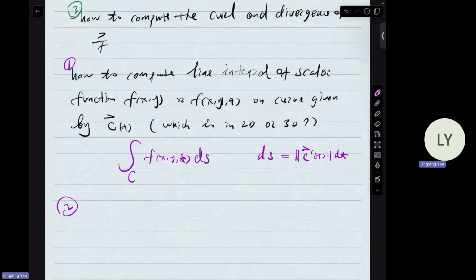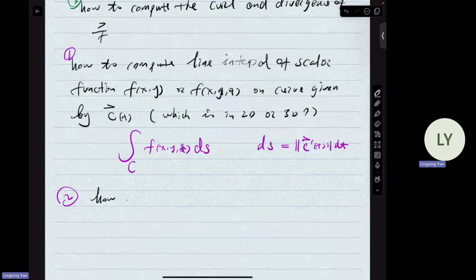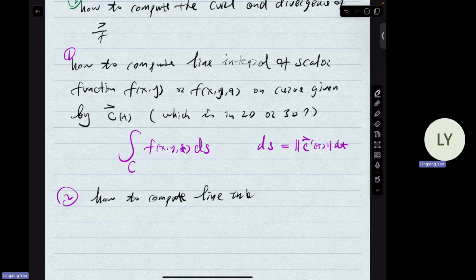And then the second topic about the line integral is how to compute the line integral of a vector field on path curve C(t).